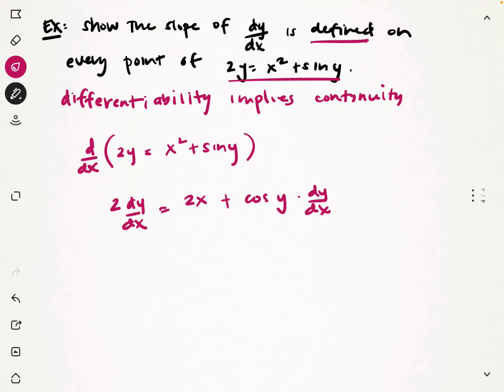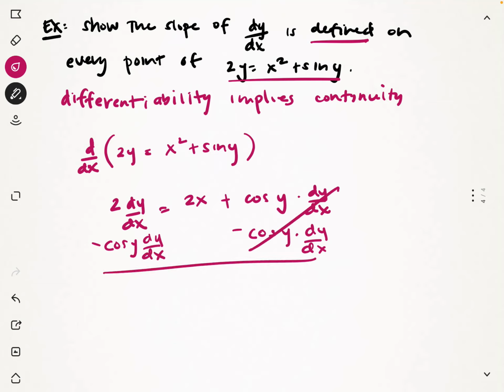All right, so we're going to go ahead and move our dy/dx's to the same side. So I'm going to subtract this. Just applying our algebra, right? So we subtract it. We have 2 dy/dx minus cosine y dy/dx equals 2x.